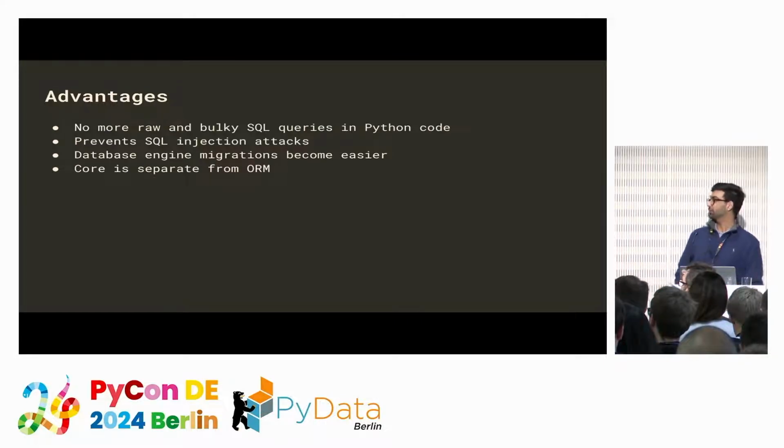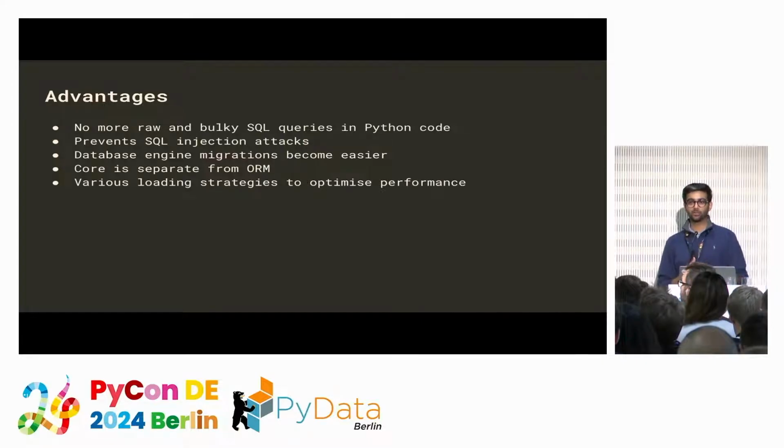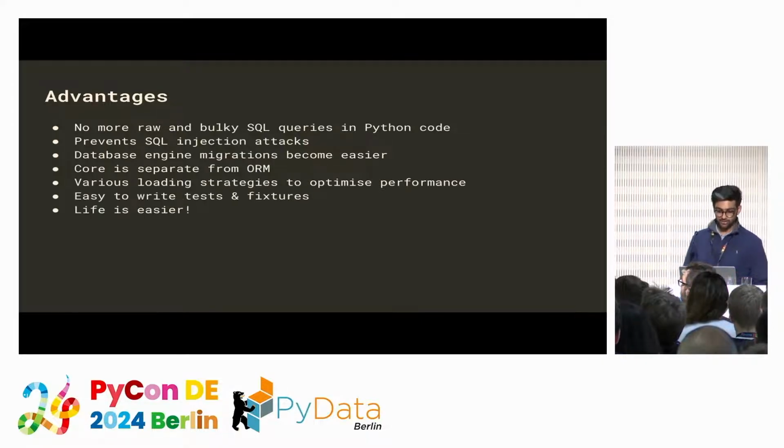If you are not a fan of the ORM, you can still use the core without the ORM, but I see no reason why not to. You can also have various loading strategies to optimize your performance. You can also write tests and fixtures, which help you maintain your code in a better way. Overall, life is easier.